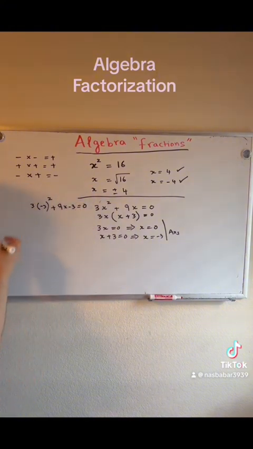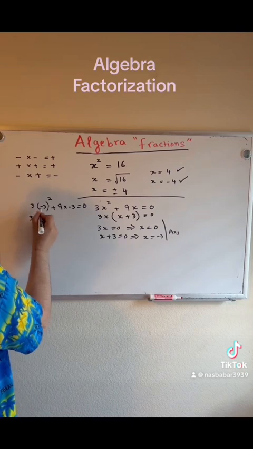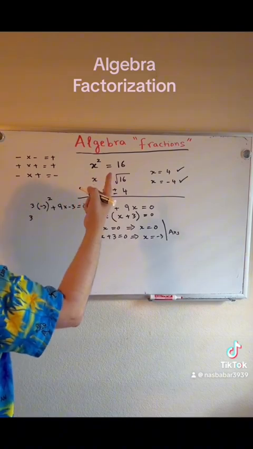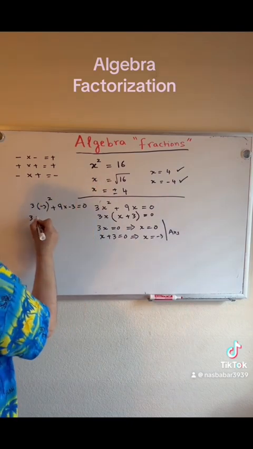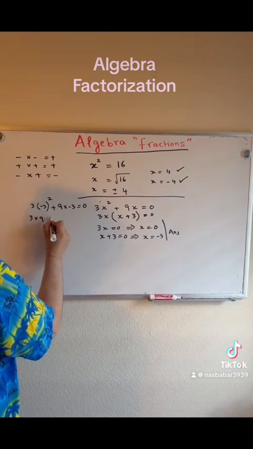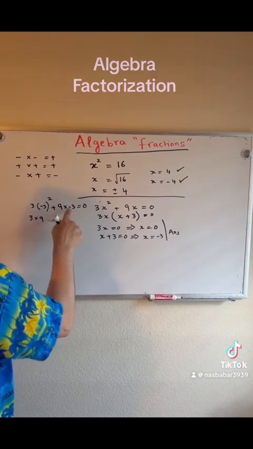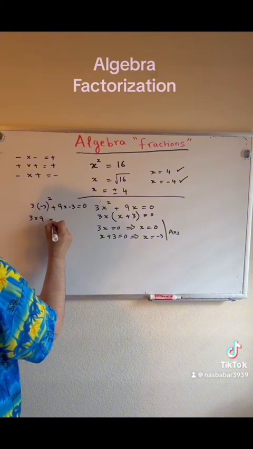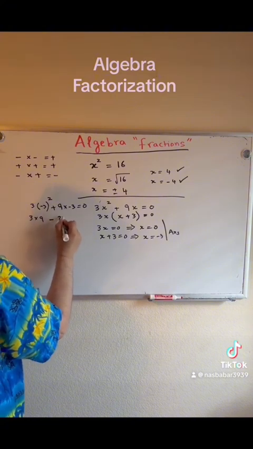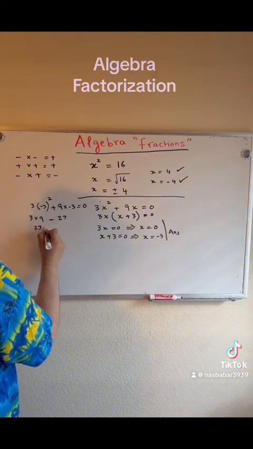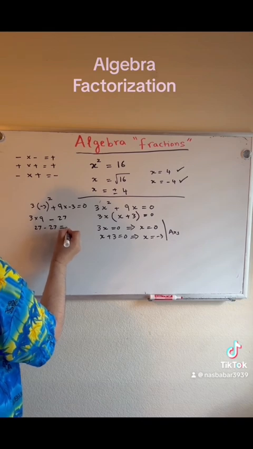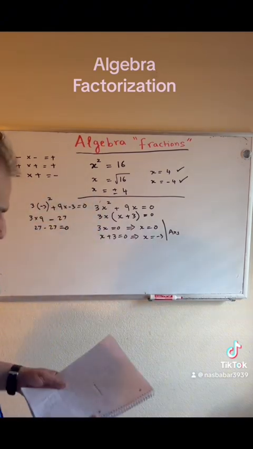So let's validate that. Minus 3 squared is going to be 9. So 3 times 9 is 27, plus, this is minus, so minus 9 times 3 is 27. So it's 27 minus 27, which is 0. So you can check also real quick.